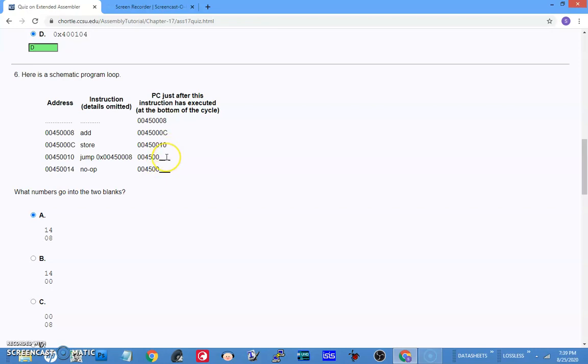But 14 is updated with PC, and then we are going back to this address. There is a jump instruction which is taking you again to this location. So there is a loop actually, and this code is unreachable code.